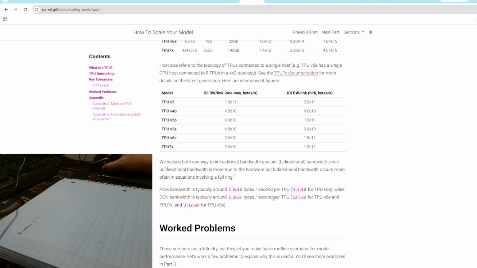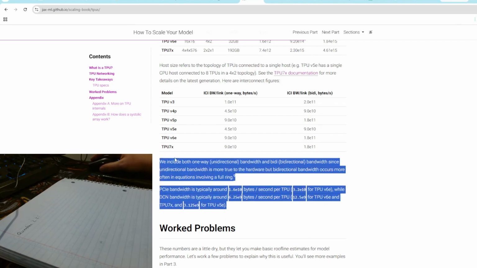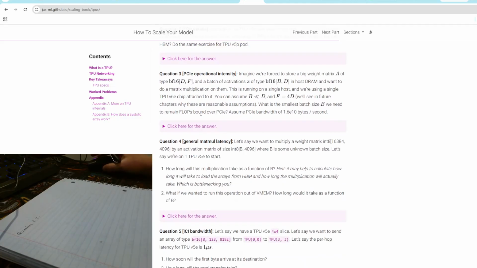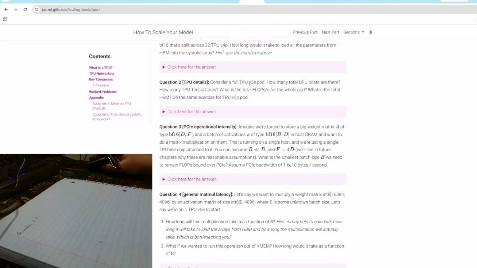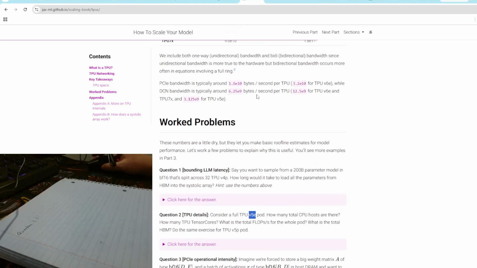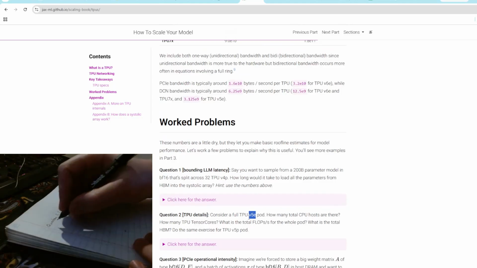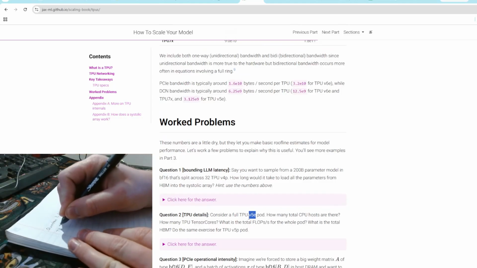Is there any information in here? Oh, pod size. Oh my gosh. Okay, so it's right here. So what they ask for is a v5p and a v5e, right? Question 2: let's do all the v5e first, and then all the v5p.